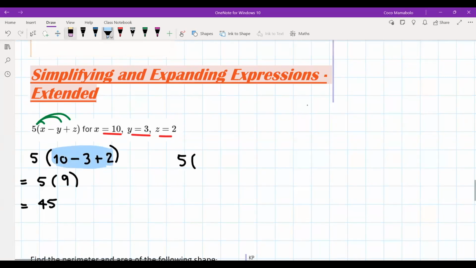What I want you to do for me, Ivile, is tell me if I look for 5 times x, what am I going to get? What is 5 times x, Ivile? 5x. Good, it's 5x. That's the first thing I want you to do for me. Next thing is 5 times negative y. What will 5 times negative y give me? 5y. Just 5y?